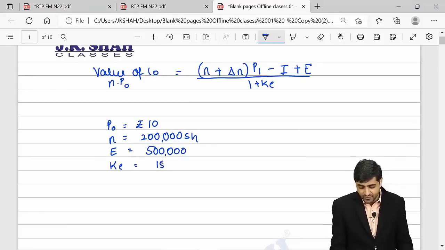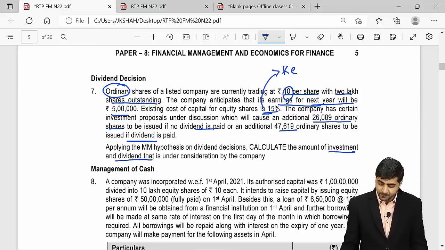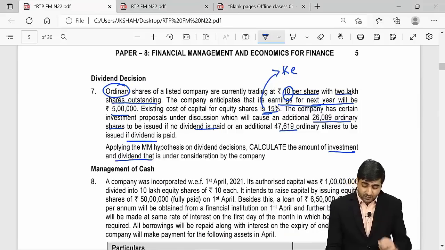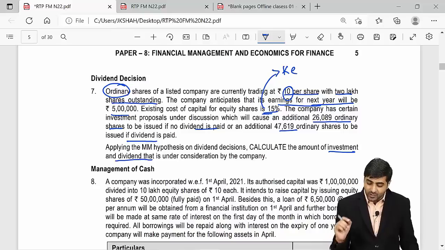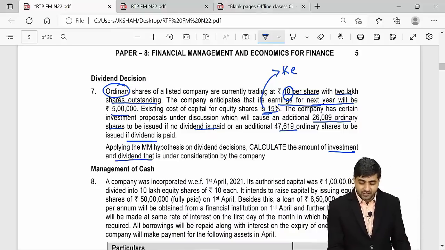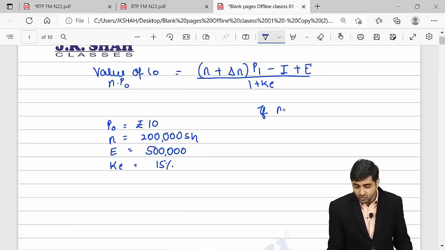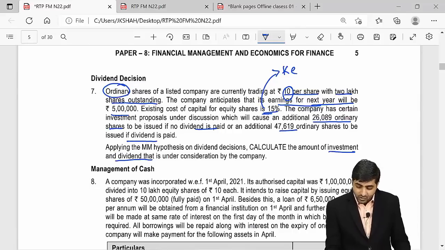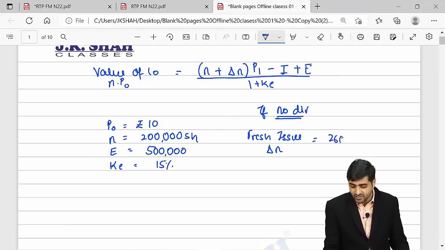So K is your 15%, and then the company has certain investment proposals, and this will cause an additional 26,089 shares if no dividend is paid. So guys, if there is no dividend which is supposed to be paid, then your fresh issue or your Δn will be nothing but 26,089 shares.